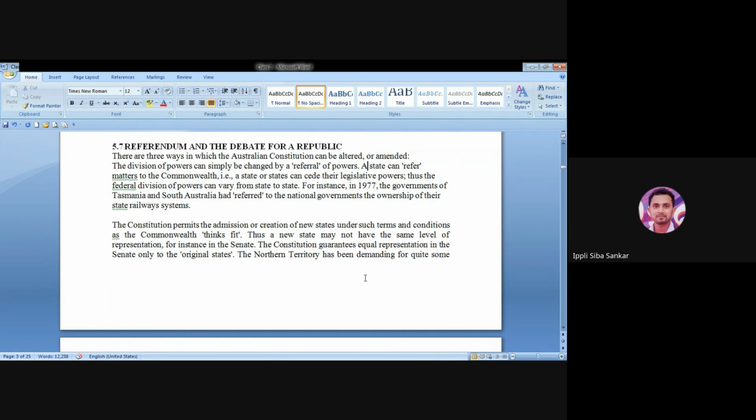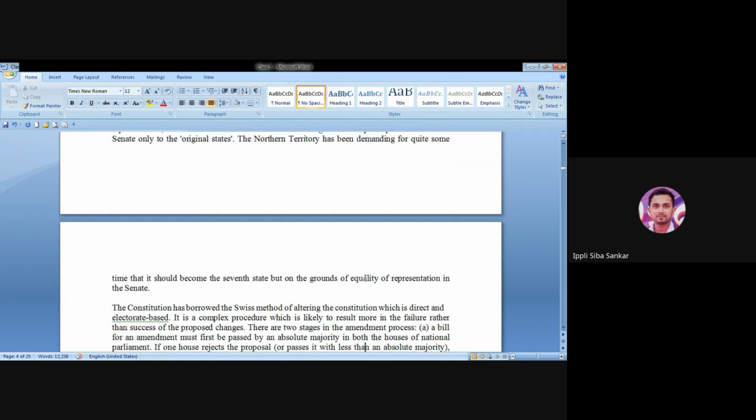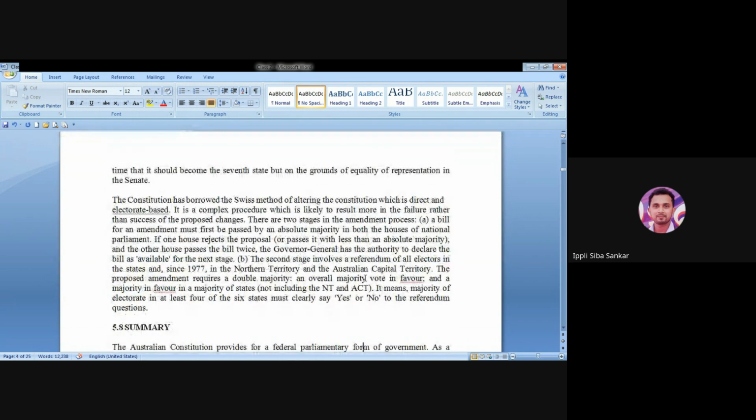Thus, a new state may not have the same level of representation, for instance, in the Senate. The Constitution guarantees equal representation in the Senate only to original states. The Northern Territory has been demanding for quite some time that it should become the seventh state on the grounds of equality of representation in the Senate.